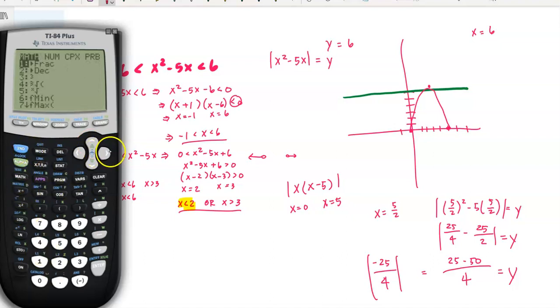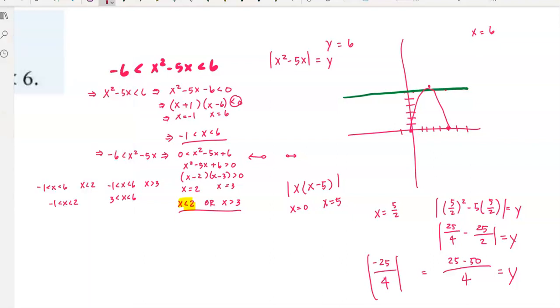Absolute value, x squared minus 5x. 6. So 6 and 6. It's going to look like this. And negative 1 is going to be 6 here. Ba-bam. It's going to look like this. And then it's going to go straight up.